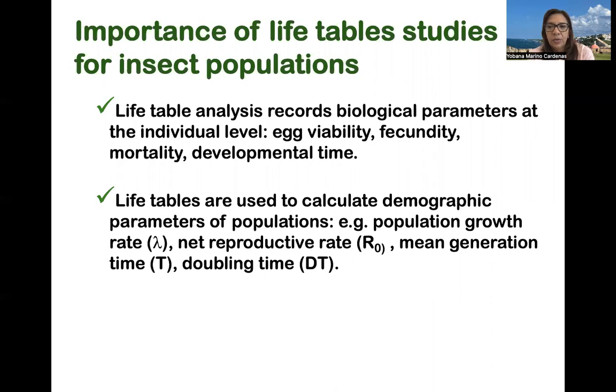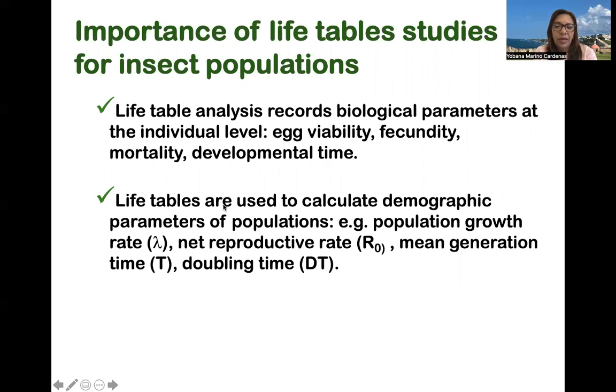One strategy that could help us to improve the management of the coffee berry borer, and could help us to study it in the field, could be a life table analysis, because this type of analysis is an important tool that lets us know important biological parameters of the insect at the individual level and the population level. At the individual level, we can determine important parameters like egg viability, fecundity, mortality, and developmental time.